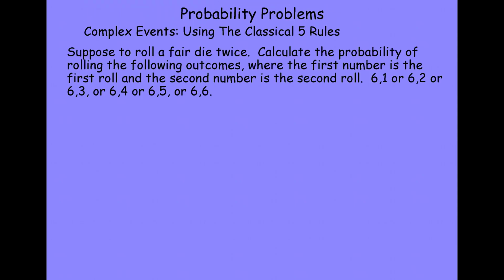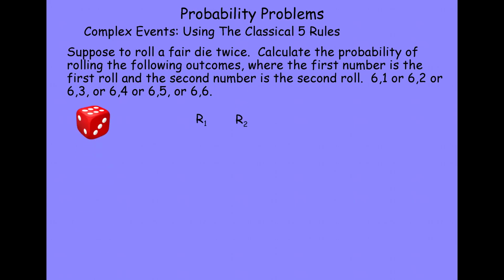So again, we're going to roll a single fair die once, then roll it again, and we want to calculate the probability of rolling one of the following outcomes. I roll a 6 first, then I roll a 1, a 6 first, then a 2, a 6 first, then a 3, or a 6 first, then a 4, or a 6 first, then a 5, or a 6 first, then a 6.